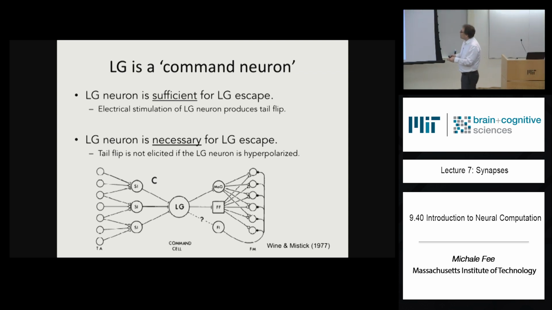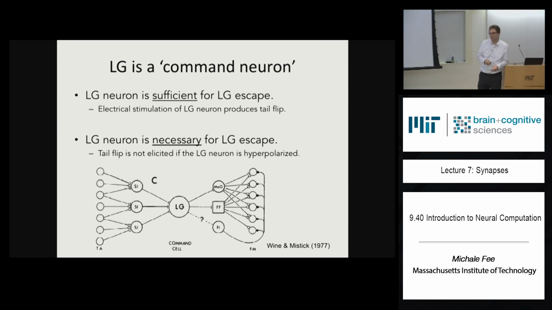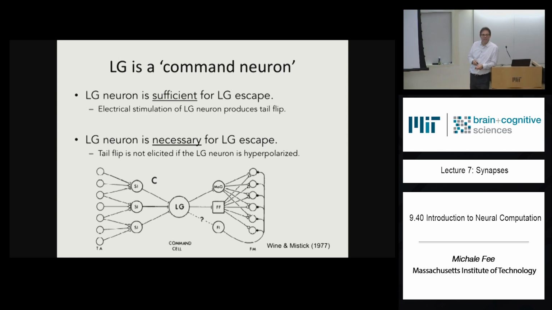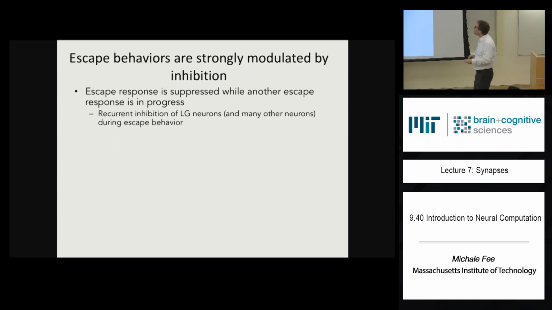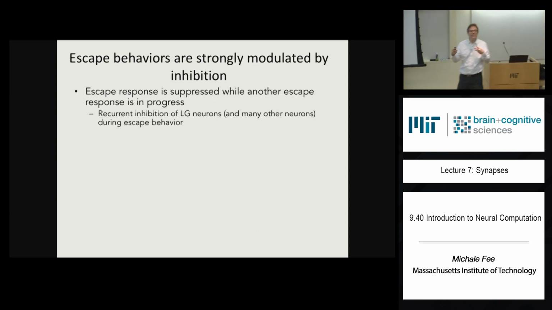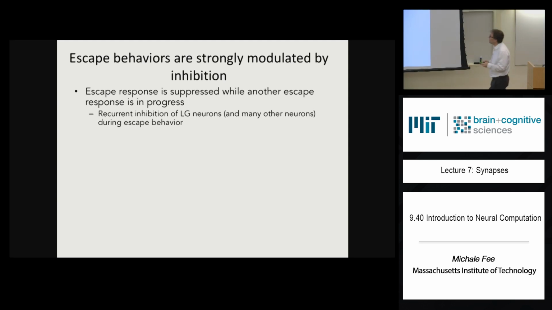And if you hyperpolarize that neuron, inhibit that neuron, you completely suppress the escape reflex, okay? And now what's really interesting is that that neuron has inhibitory inputs that control the probability that the animal will elicit this escape reflex, okay? And that kind of modulation of that behavior is really interesting, and it has some interesting subtleties to it.